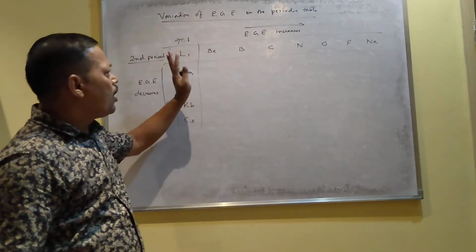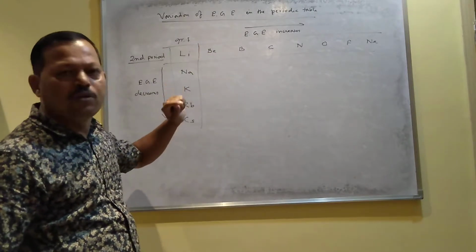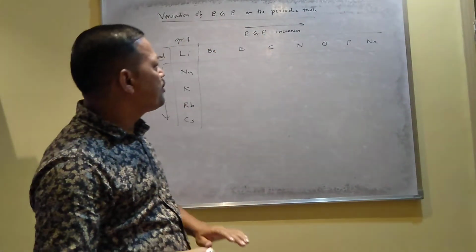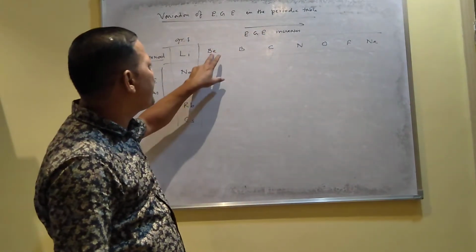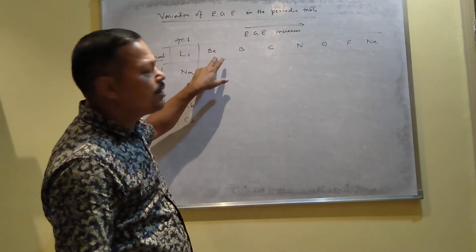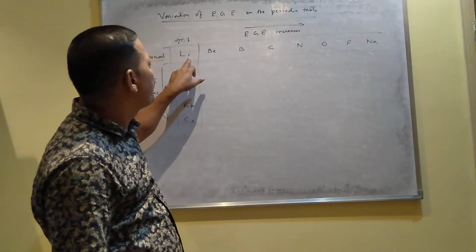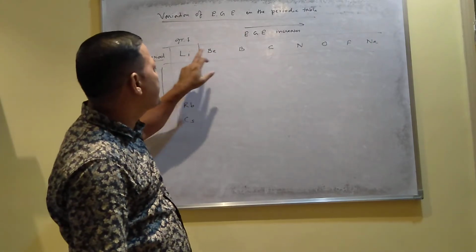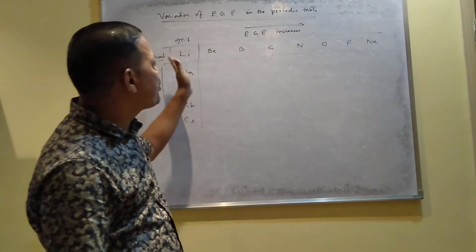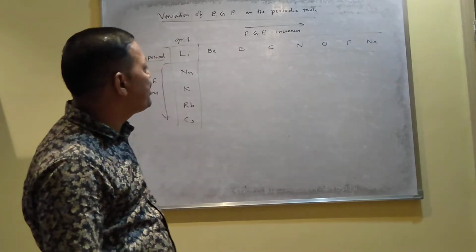But this is the general one, there are some exceptions also, because it depends on the electronic configuration also. For example, if you consider lithium and beryllium, lithium electron gain enthalpy is less than beryllium, less than boron, like this you will get, because from left to right atomic size goes on decreasing.